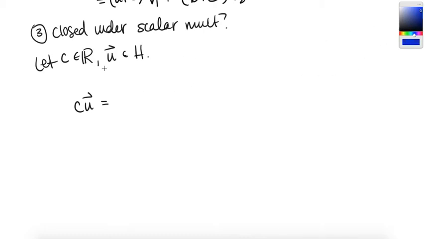Let's just remember here that u is a linear combo of our vectors. So when we go down here and write it out, u is some linear combination of our vectors, where a and b are real numbers.